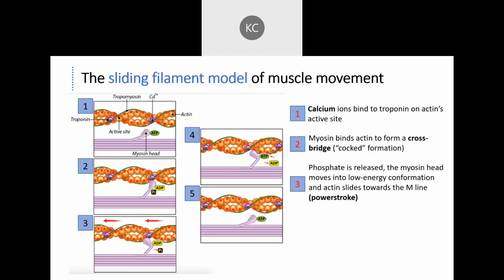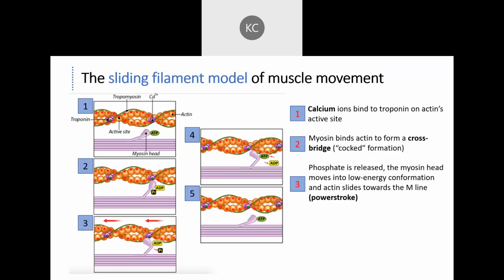So you then have the head of the myosin pivot whenever you lose the phosphate, okay? The phosphate comes off, that releases a little bit of energy, and it powers the myosin head to swing, to pivot, and when it does so, it pulls the actin over the top of itself.